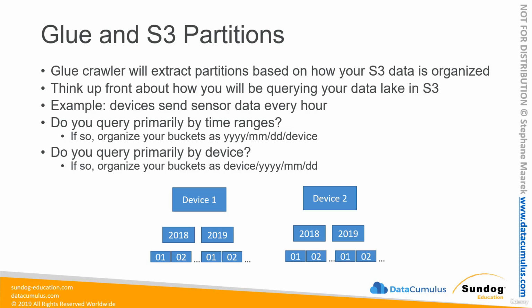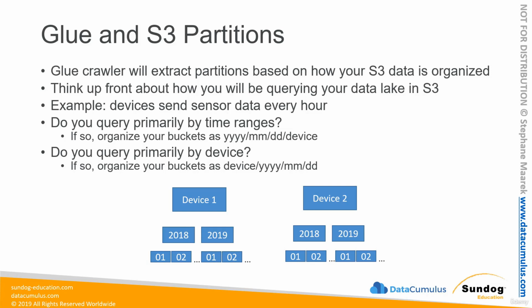That way, we can start by winnowing things down by the year, and further by the month, furthermore by the date, and then finally by the device that generated that data. That will allow the partitions to efficiently access data for a given date without having to slog through all the other information for other dates that we don't care about.